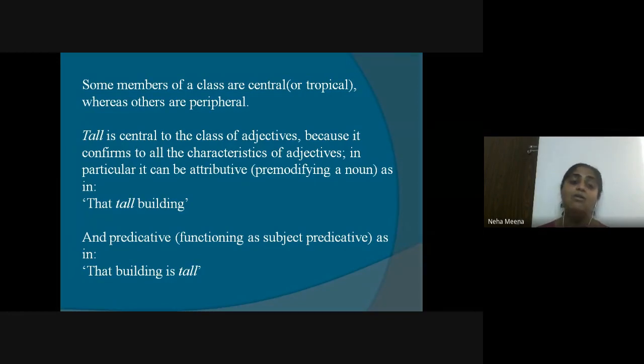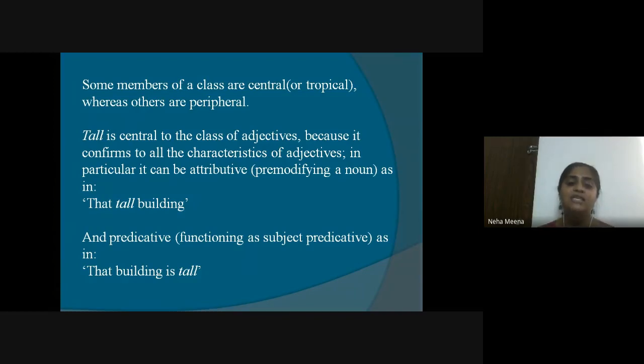How is it central? What are the features of adjectives? Adjectives are the words which tell us something special about the nouns, or the incident being covered in the particular sentence or your literature.